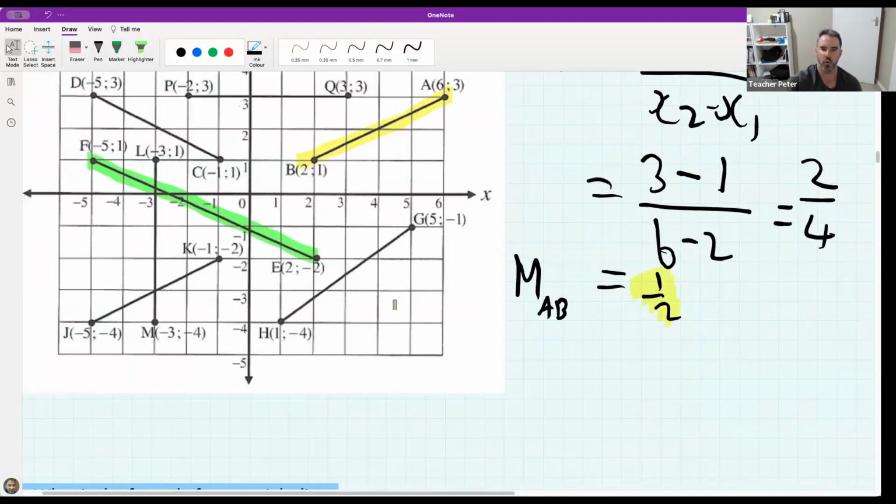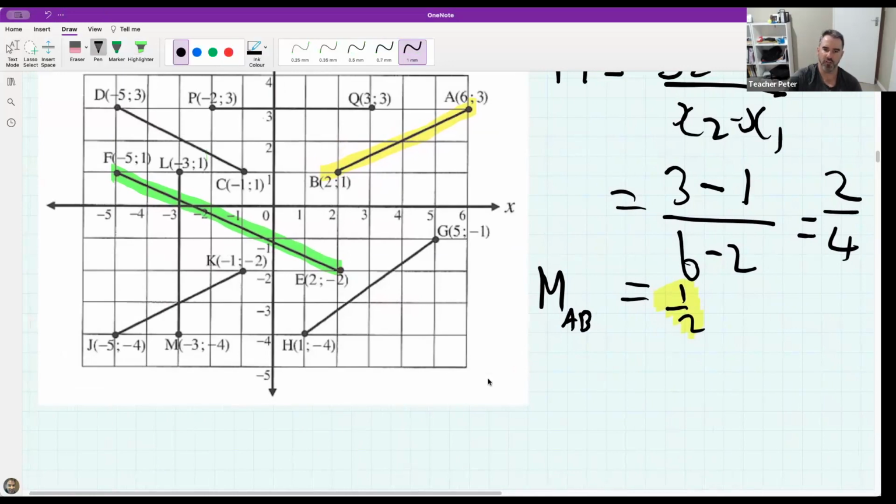I want you guys to find me the gradient of the green one. So what I'm going to call the gradient of EF. Find me the gradient of EF, and I'll just make the points that F is minus 5, 1, and E is 2, minus 2.